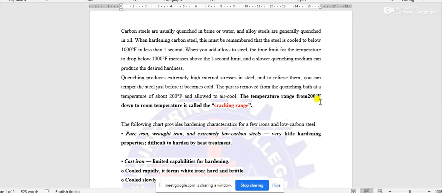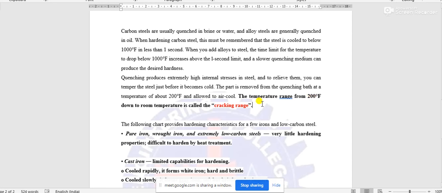The reduction of temperature from 200 degrees Fahrenheit to room temperature is called the cracking range. And obviously we don't pass the steel through this temperature range after making it hardened.